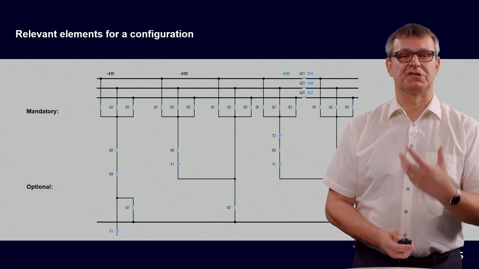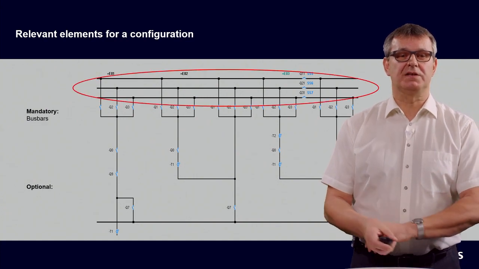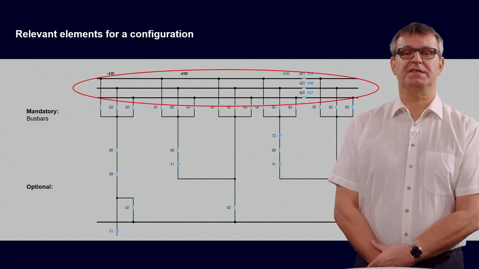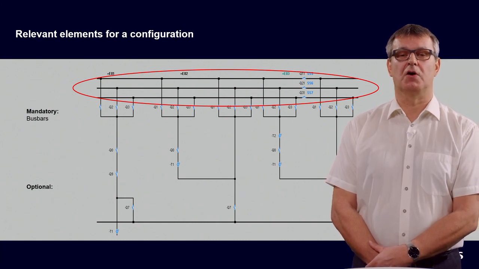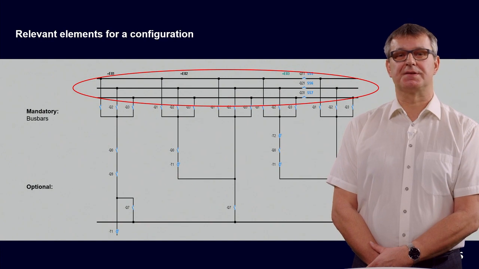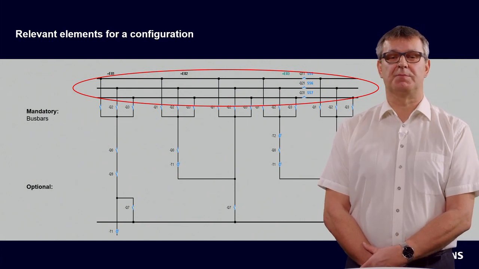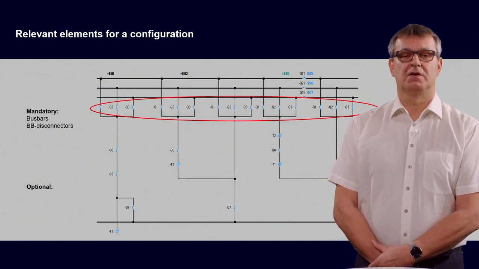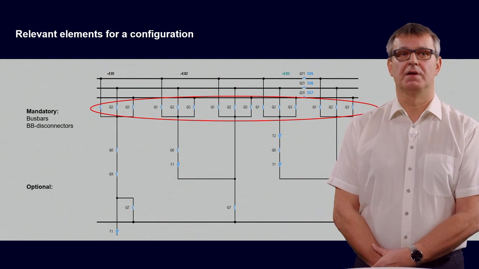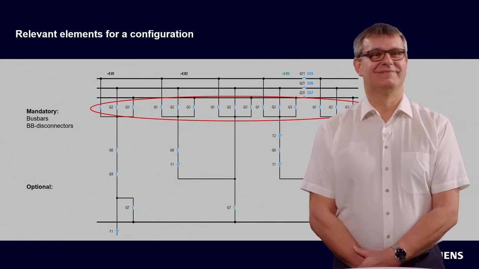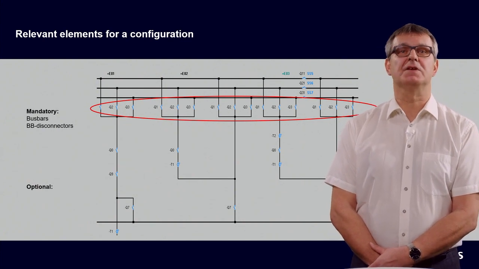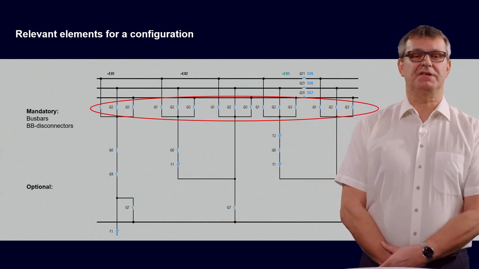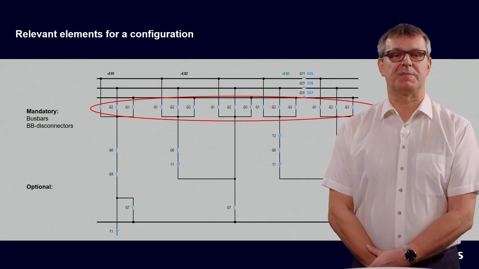We need to configure the busbars, shown here. We see all in all 6 busbars, 6 independent measurement systems, busbar sections. We need the busbar disconnectors, which you can also see here.